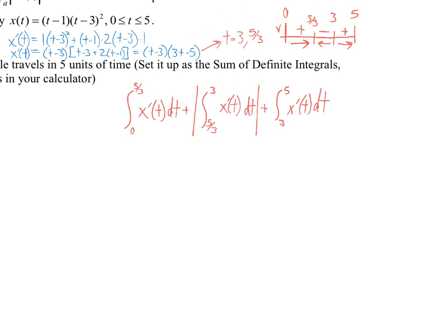So when I am doing this here, the integral of x prime is x, so this is x of 5/3 minus x of 0, fundamental theorem of calculus. Okay, plus, now I have the absolute value of x of 3 minus x of 5/3.